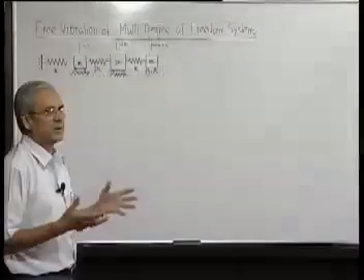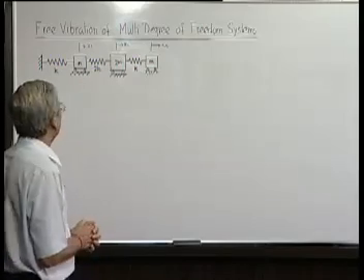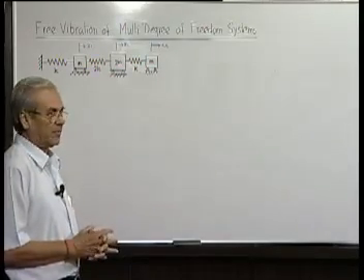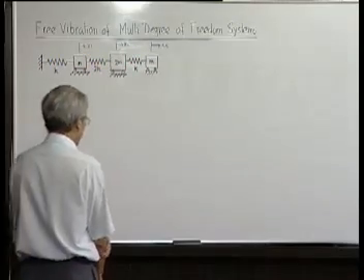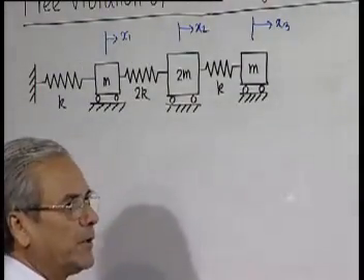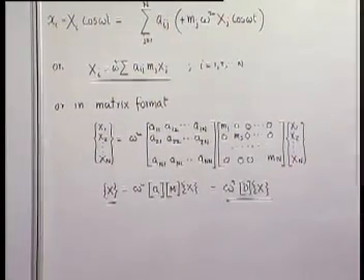This is a simple 3-degree freedom system, and our objective is to find out the natural frequencies and the natural mode. So, first we have to determine the D matrix. Now, M matrix is quite straightforward. For D matrix, we have to find out first the flexibility matrix.